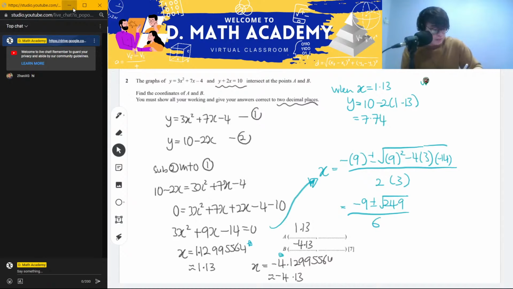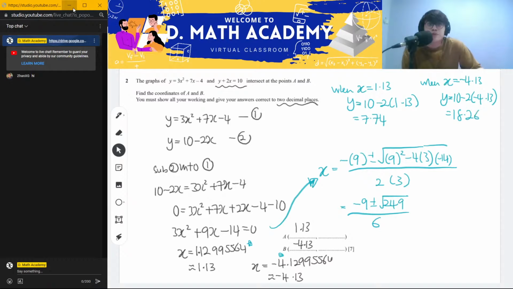When you try the other one, when you put in x equals negative 4.13, you will end up with a different result here. That is about 18.26.